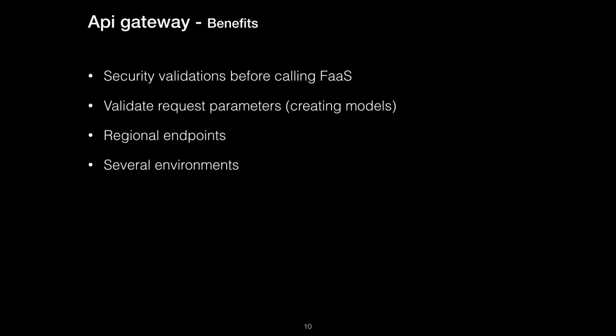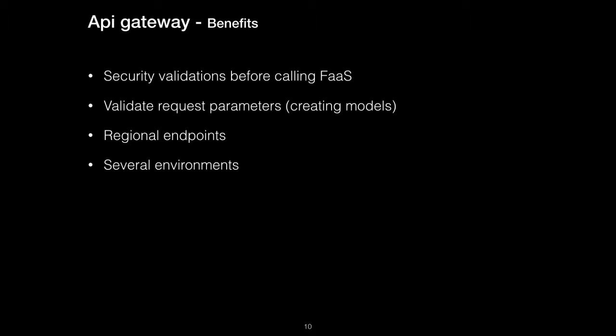And you can also configure several environments, so you can mimic your development environment: developing, staging, and production, and you can test all of that. So you can do the integration tests and all of that.